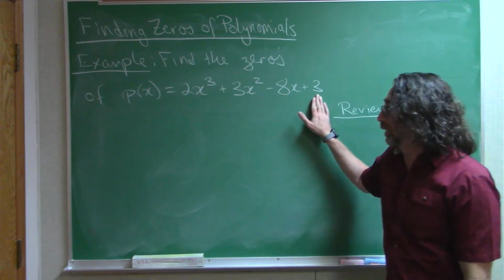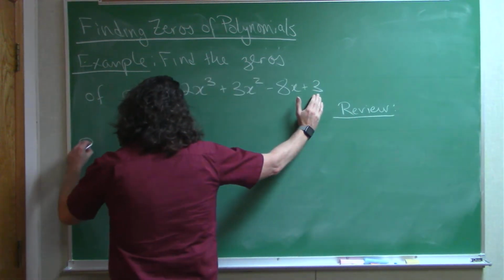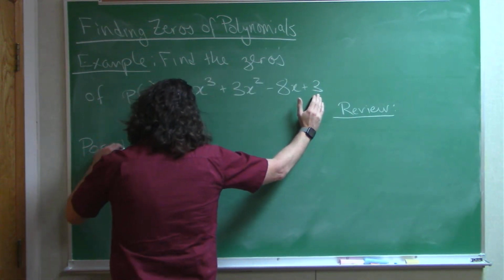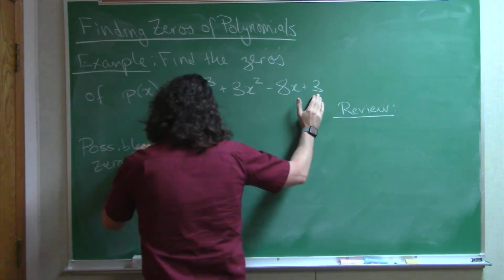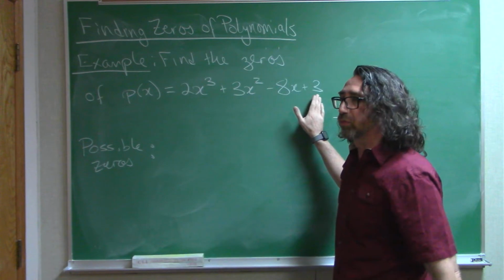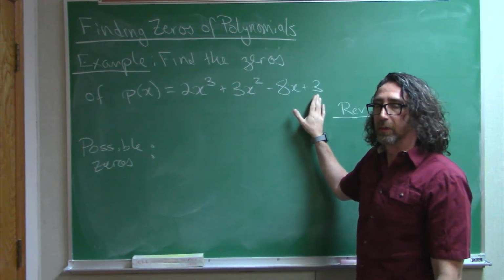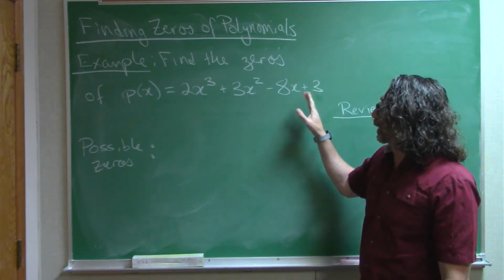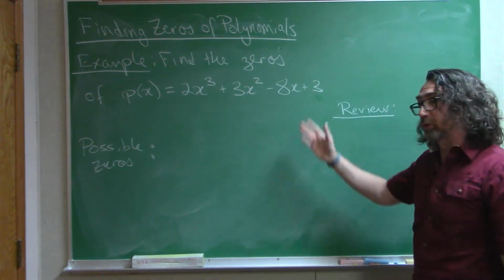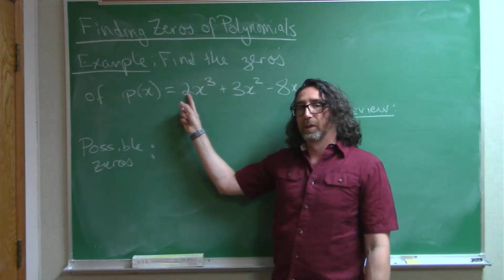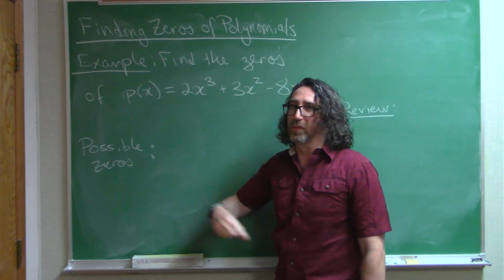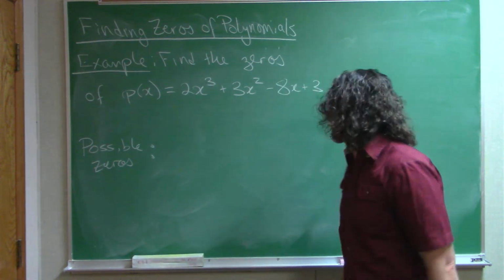Now, very similar, for our list of possible zeros, I'm going to have divisors of 3 as my starting point. Okay, divisors of 3, but this coefficient over here being different from 1 throws a little monkey wrench into the works.